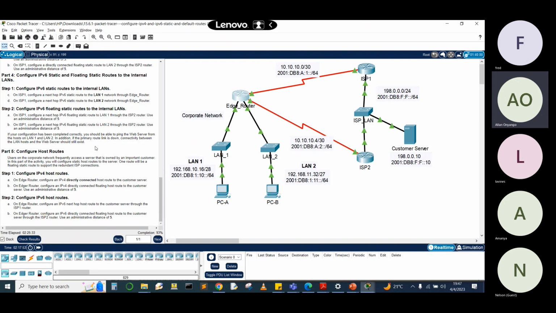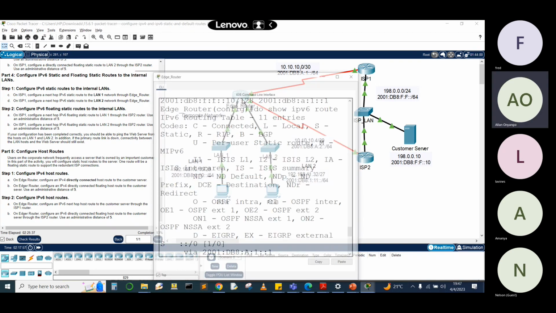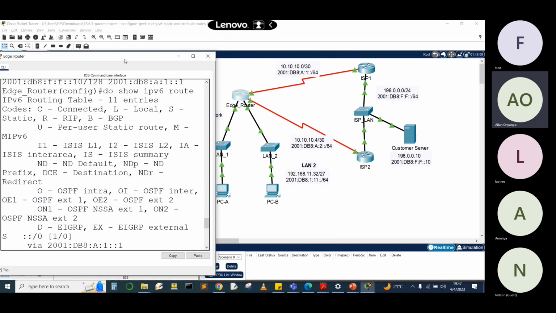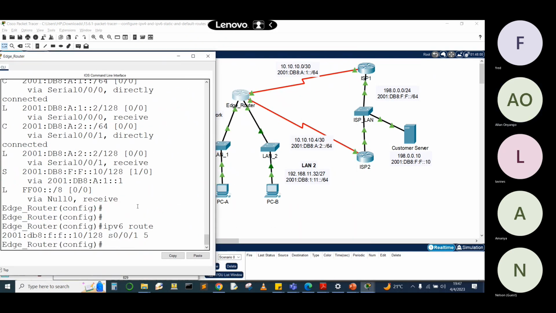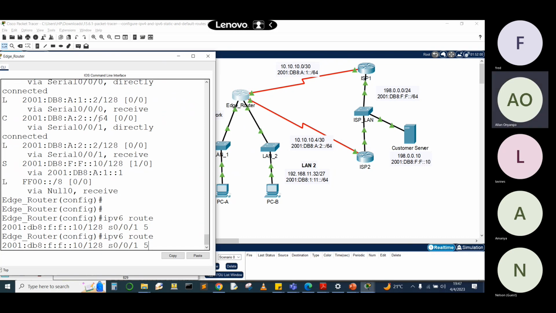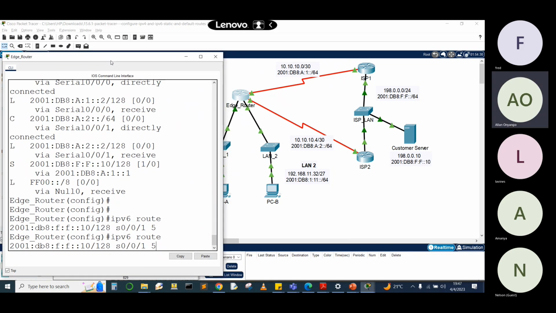So let me configure here the next hop, using the next hop IPv6 address from the edge router going through ISP2.